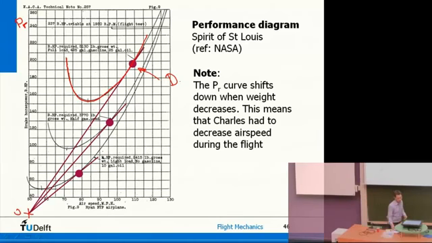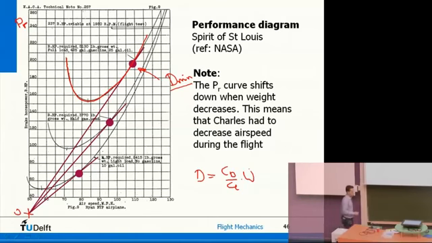And one thing I'll treat later is that I've already shown you that drag is a function of CD over CL multiplied with aircraft weight. So you can imagine as this aircraft is flying for hours and hours, it's starting to get lighter and lighter. So this curve, the drag curve and the power curve, actually changes a bit.